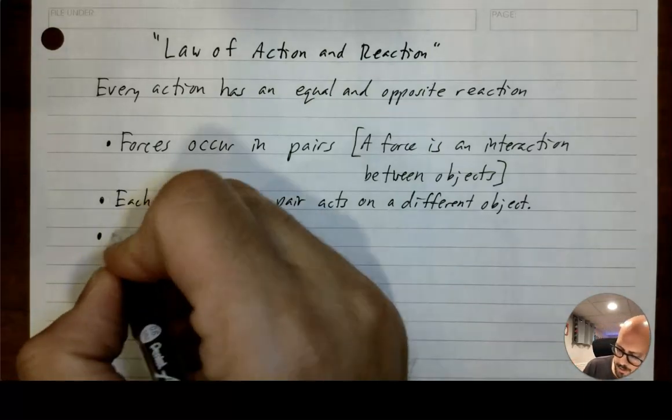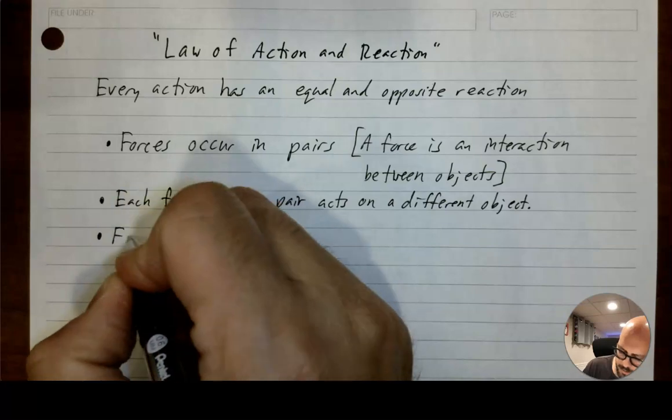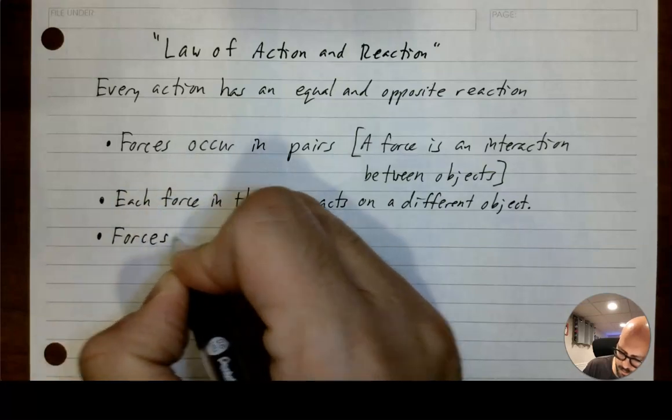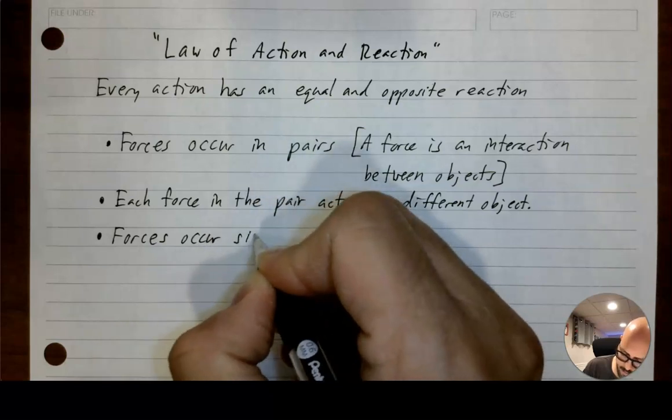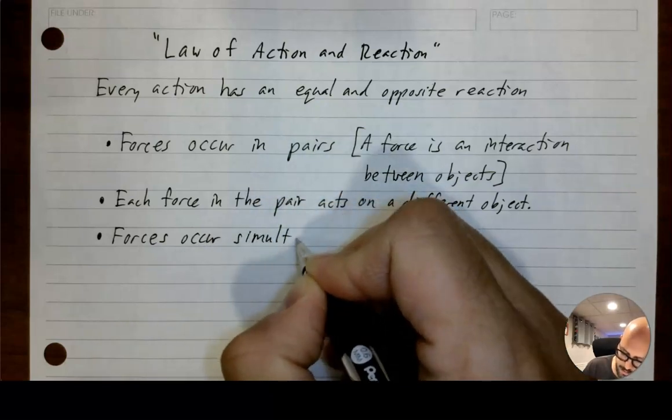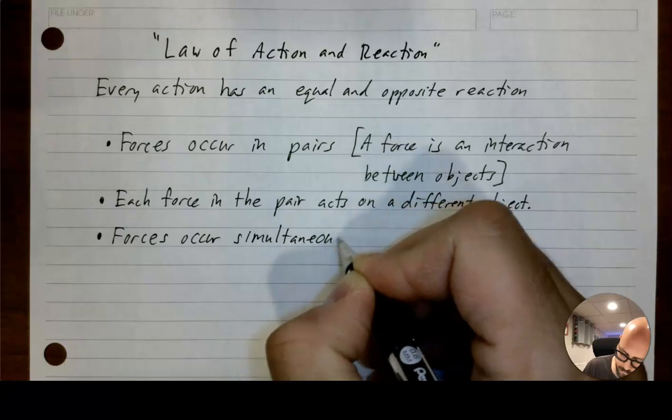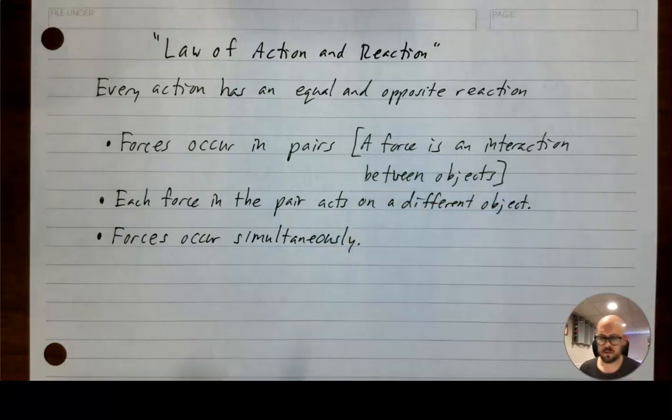The part about action and reaction that I want to dispel is that these forces occur at the same time, so simultaneously. The action does not precede the reaction. The action and reaction begin to exist at the same time and end at the same time.